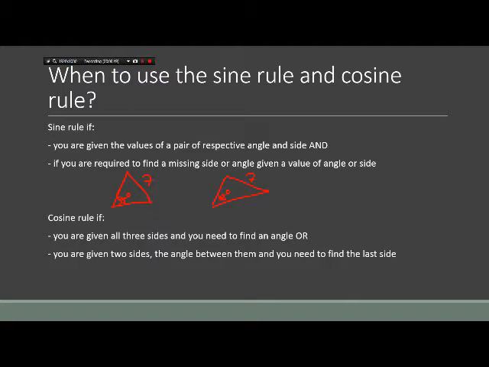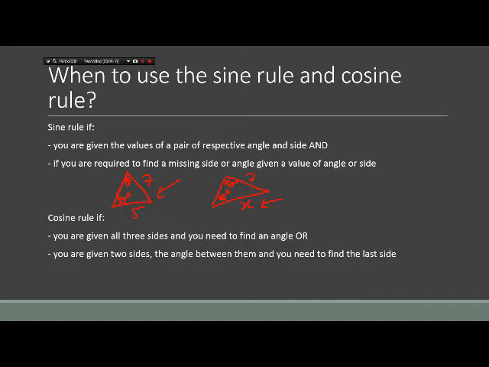Then if you have an angle that you need to solve for, and you're also given the length of a side, or you're given that the angle here is 50 degrees and you want to look for the side here, then you should use the sine rule. The triangle on the left is missing an angle, and this one here is missing a side.